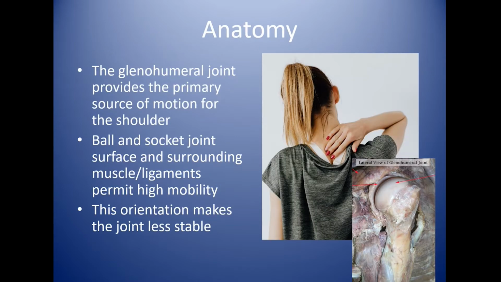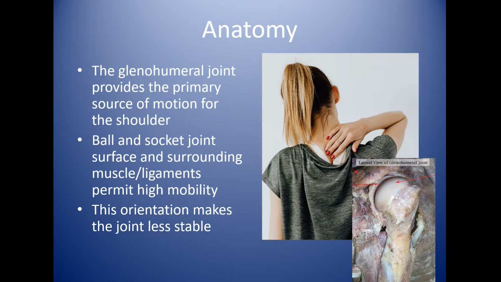I always touch a little bit on the anatomy of a body part before we get into it. The shoulder joint is the glenohumeral joint. It's a ball and socket joint, and it provides the primary source of motion for the shoulder. Now, a ball and a socket can be built a couple of different ways.